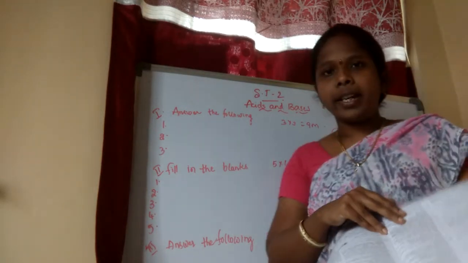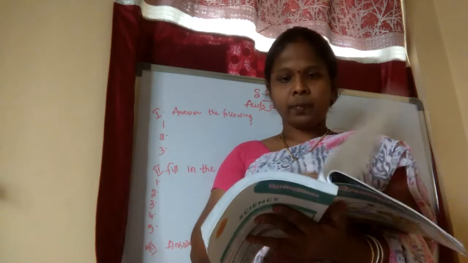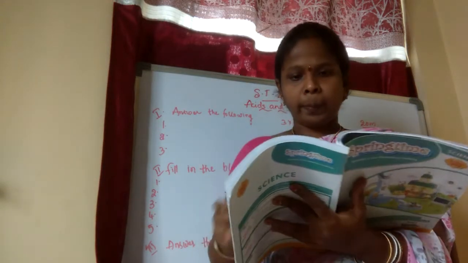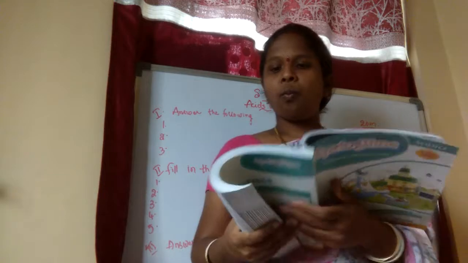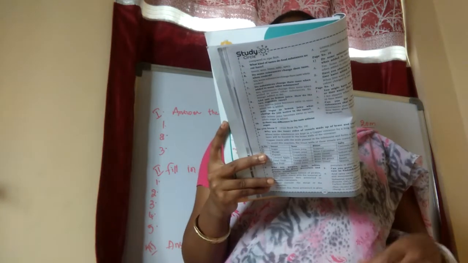And the second one, see here children. Why are acids not stored in a metal container? Why will we not store the acids in a metal container?